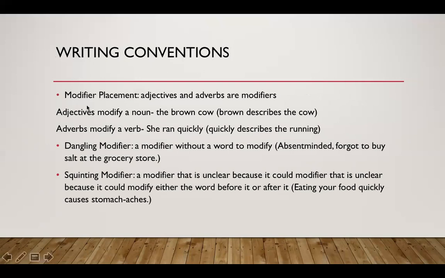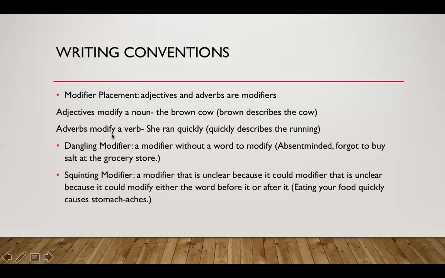Modifier placement. These are adjectives and adverbs, and they are called modifiers. So adjectives modify a noun. The brown cow. Brown describes the cow, so it's an adjective. Adverbs modify a verb. She ran quickly. Quickly describes the running.